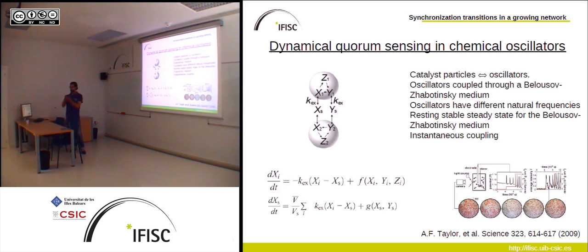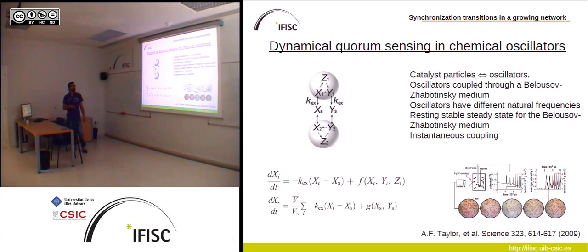They put these catalyst particles inside the Belousov-Zhabotinsky, and these particles start to produce this reaction in the Belousov-Zhabotinsky medium in its surrounding, changing the color of the Belousov-Zhabotinsky from red to blue.